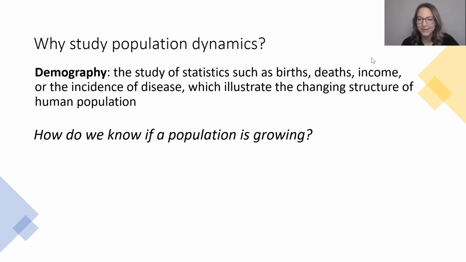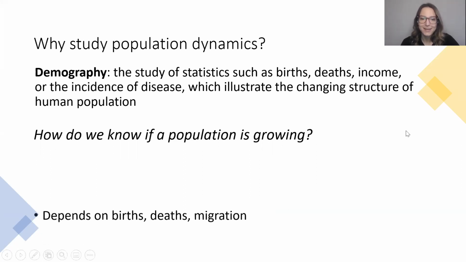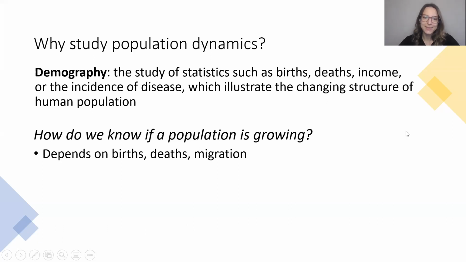Yeah, you guys are on fire. Birth rate. So it depends on births, it depends on deaths, and of course it depends on migration. These are the three main factors that influence the levels of population growth or decline.